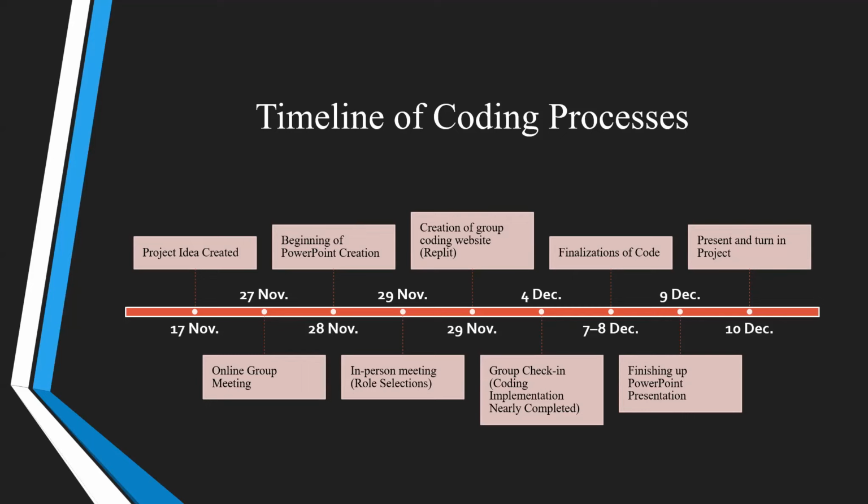The 29th is also when we created the group coding website. We use Replit. The 4th of December is our first group check-in to make sure everybody was doing everything. The 7th through 8th of December, we were finalizing the code. The 9th of December, we were finishing up the PowerPoint presentation. And the 10th is when we turned in everything.